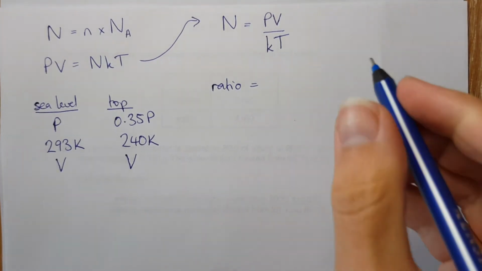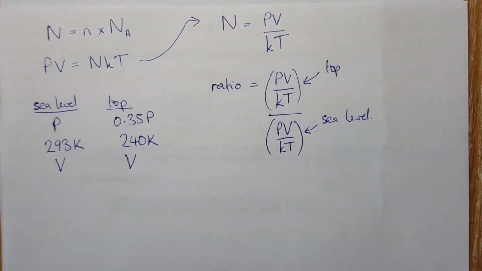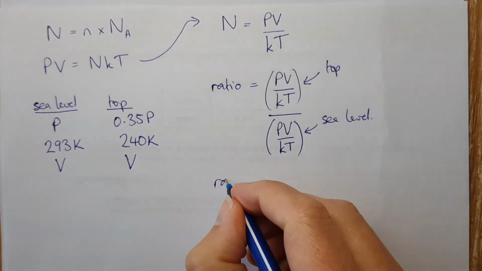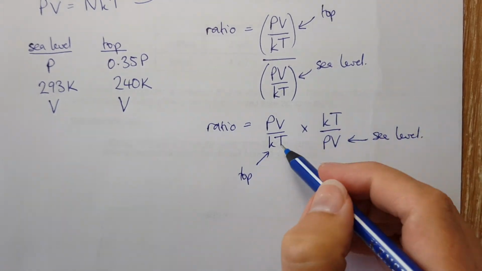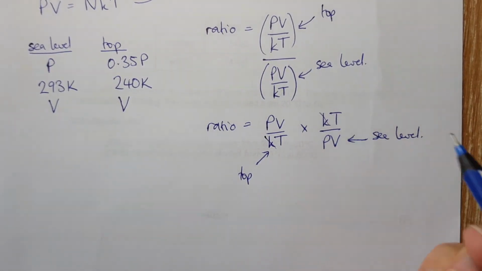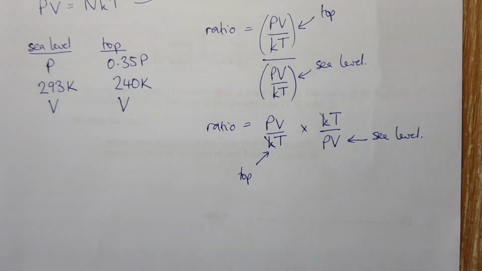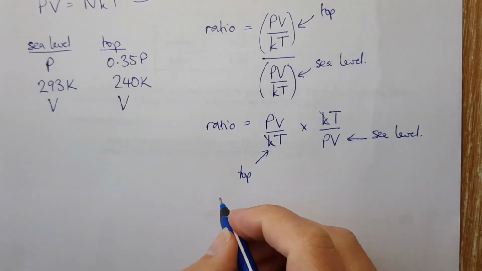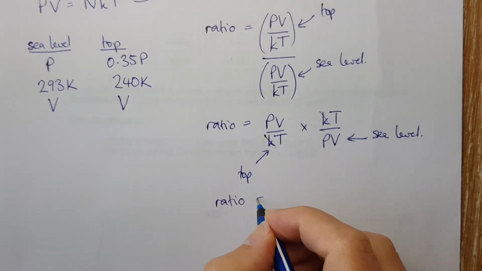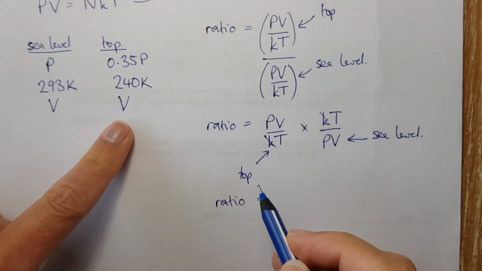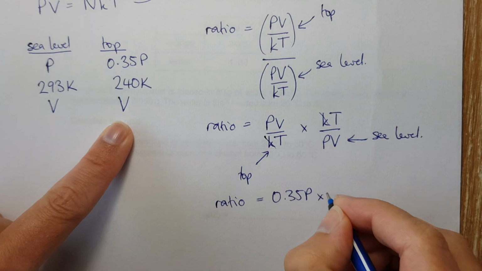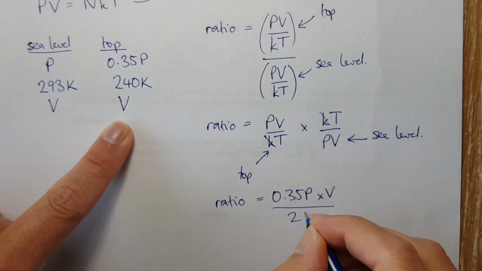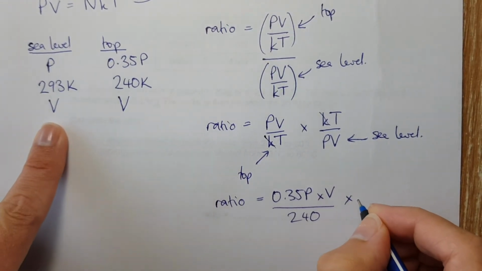Okay, so we're ready to write the ratio now. And as usual, the first thing I'm going to do is sort out dividing by a fraction. And then we can cancel just the k's there. And here we are. We can now put our values in. So I'm just making sure I get them the right way around. So the top is this set here. So we've got 0.35P times V all over 240 times the sea level lot.